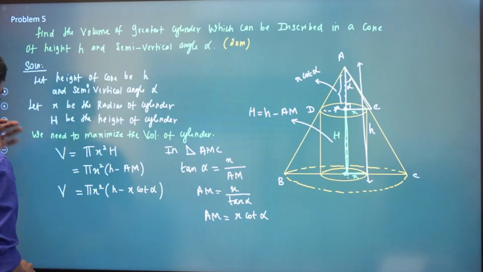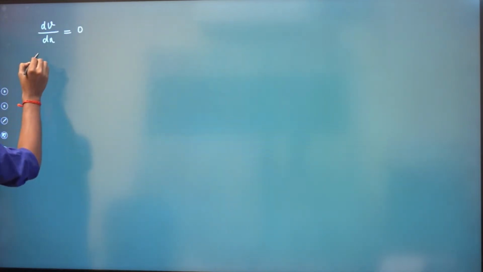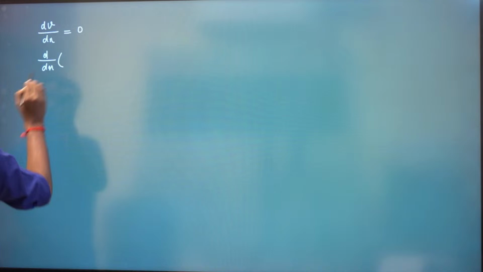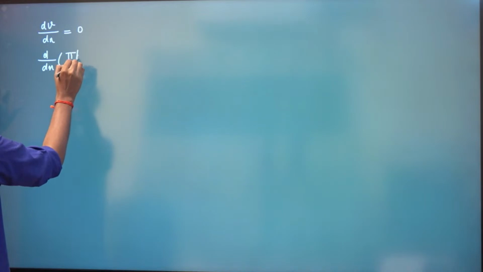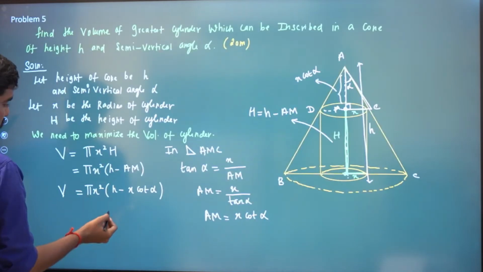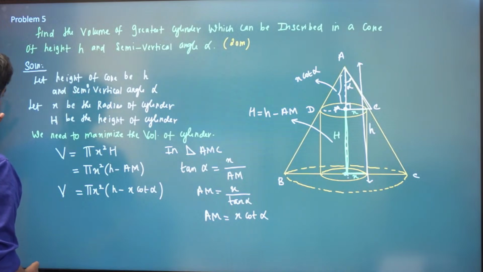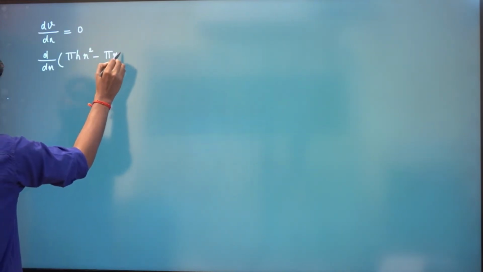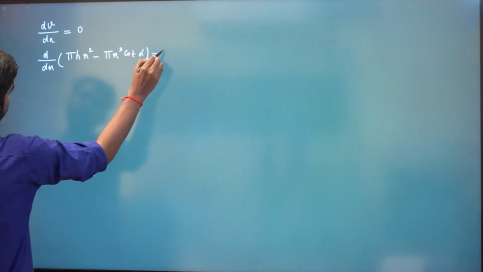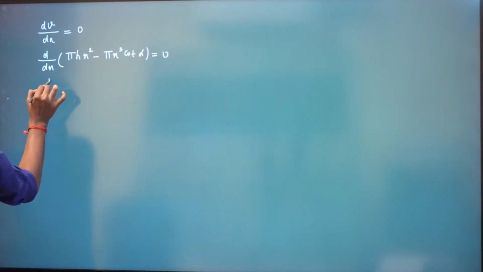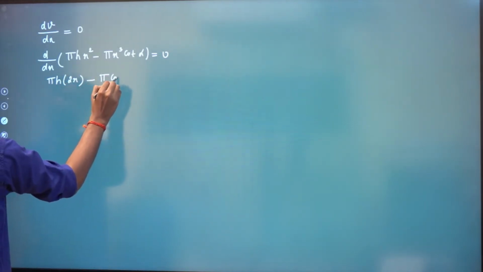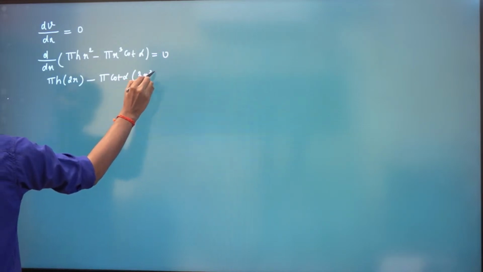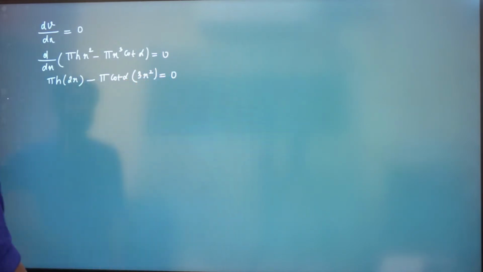So d by dx of pi h x square minus pi x cube cot alpha is equal to 0. Pi h is constant. The derivative of x square is 2x, and pi cot alpha is constant. The derivative of x cube is 3x square.